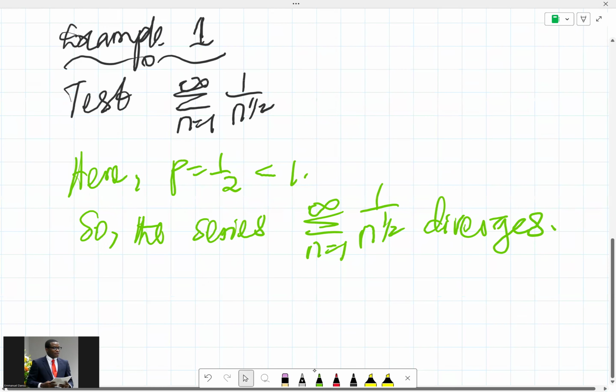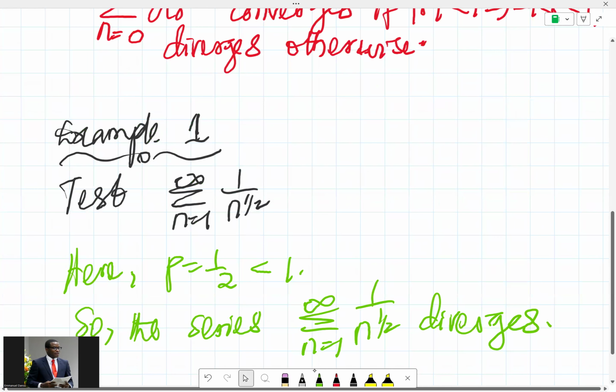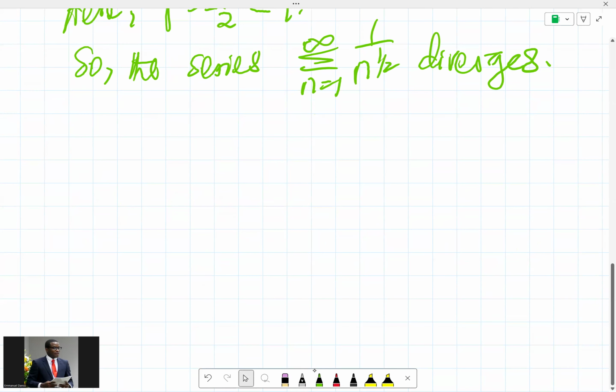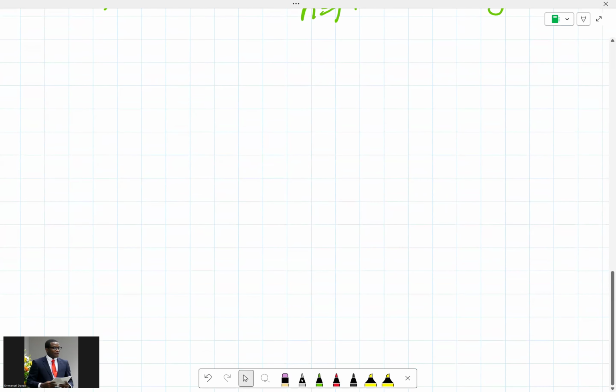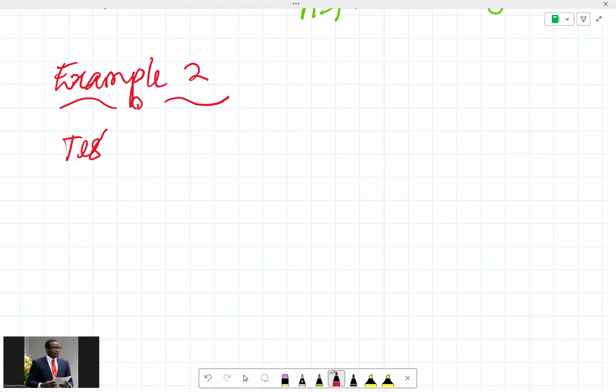The next thing is, let's see what example 2 looks like. Here, let's test summation from n equals 0 to infinity of 1 over 2 raised to power n.